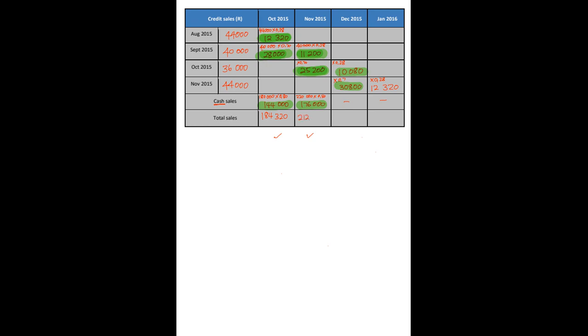That's 212,400. And then for December, it was only the 10,080 and the 30,800. So that's 40,880. And in Jan, there was only one figure, 12,320. Okay, so that is it for your debtors schedule. Any questions on that?